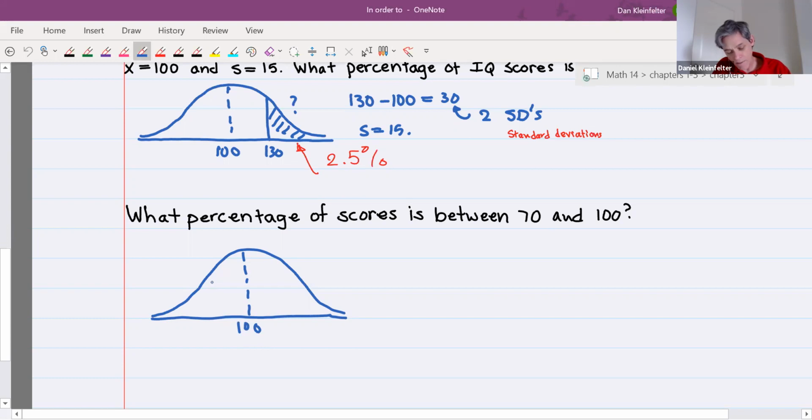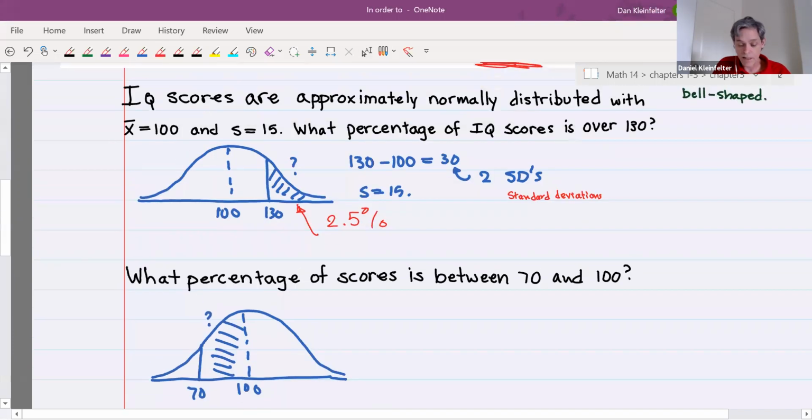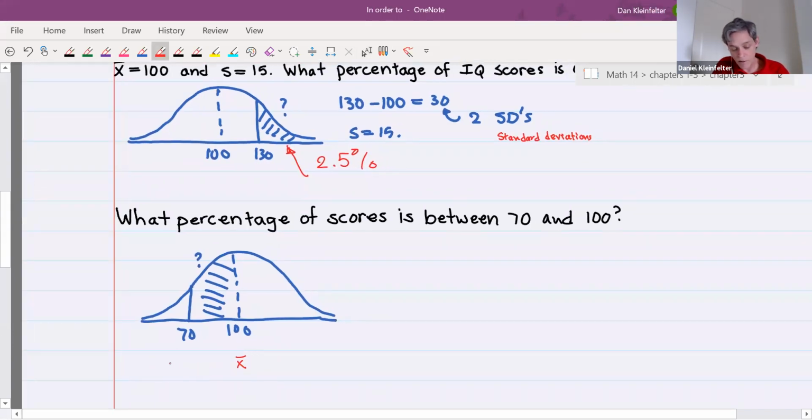All right, so there's our mean at 100 and then 70 to 100. We wanted to know what percentage of IQ scores falls in that range in between 70 and 100. So I know that the mean is 100, and then what's the difference between 70 and 100? Well, it's 30, right? And 30 is, again, 2 standard deviations. This is on the lower side this time, so this is the mean minus 2 standard deviations.